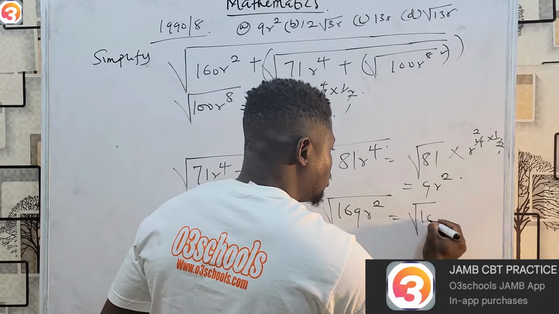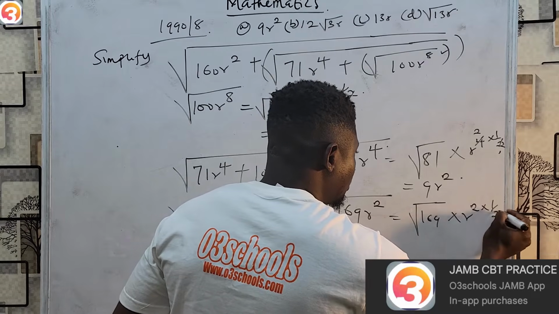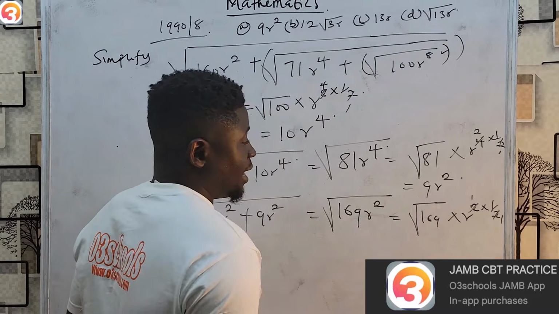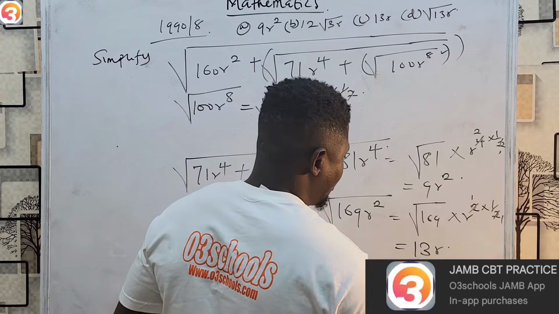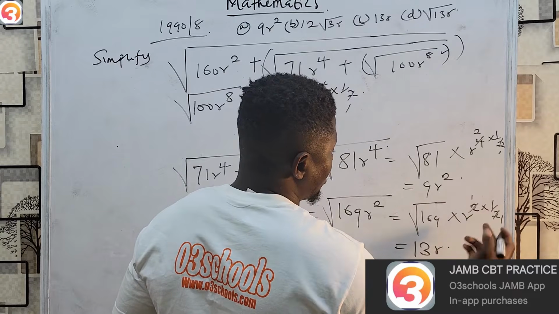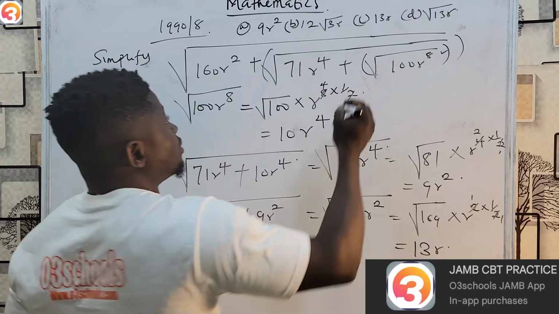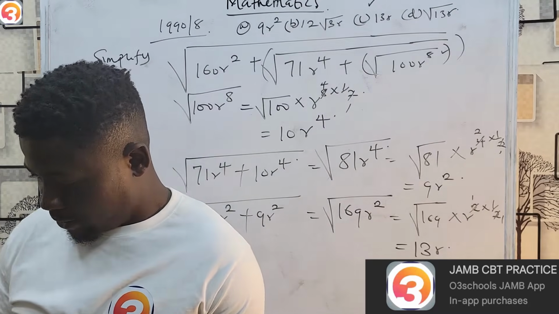Square root of 169 times r square times 1 over 2. 2 here 1, 2 here 1. So what is square root of 169? That is 13r. What is left here is only r. 1 times 1 is 1, divided by 1 is 1. So 13r is what is left there, and that will give you your option C.